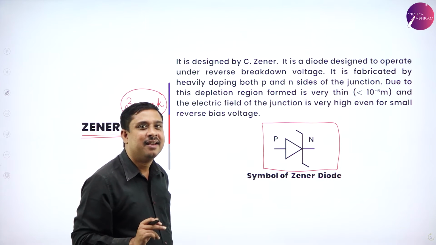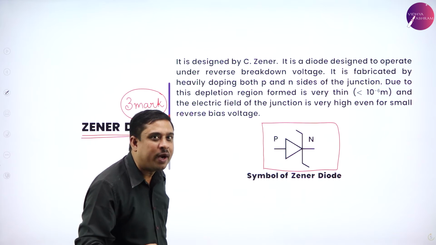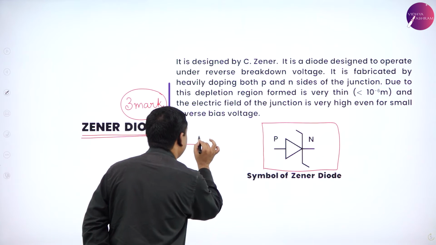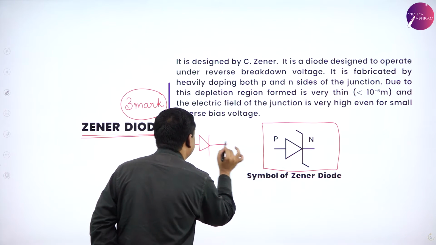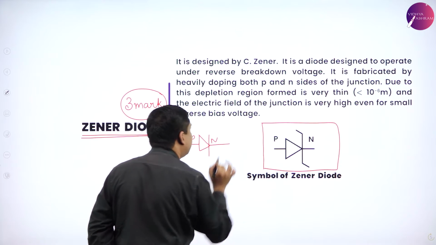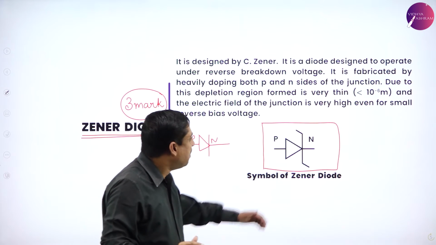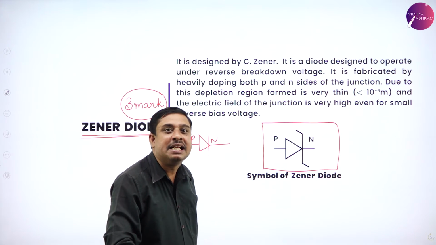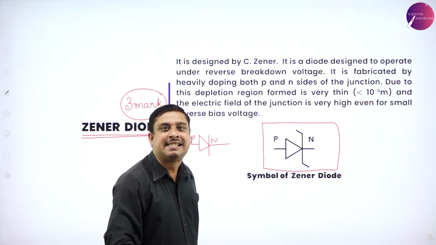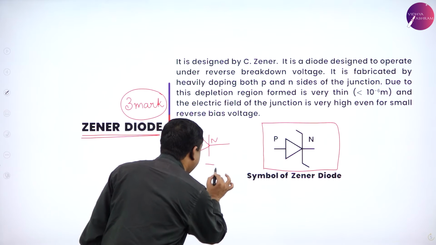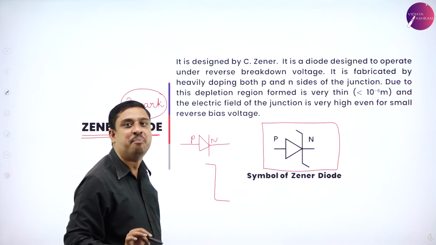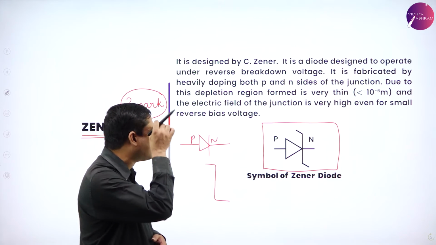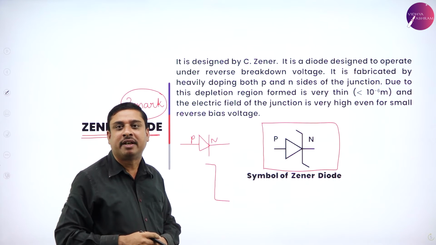Observe the difference. For any other junction diode, this would be the symbol, a PN junction. But if you observe here, the N side is represented by a Z-like symbol just to identify that this is a Zener diode.